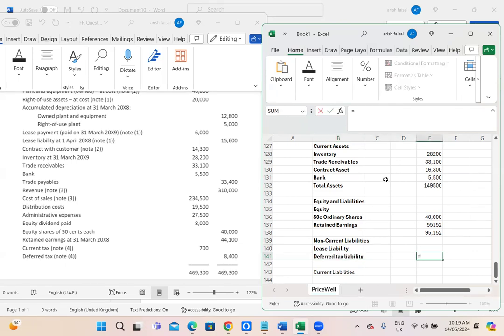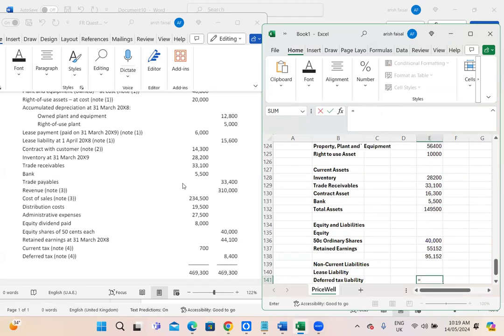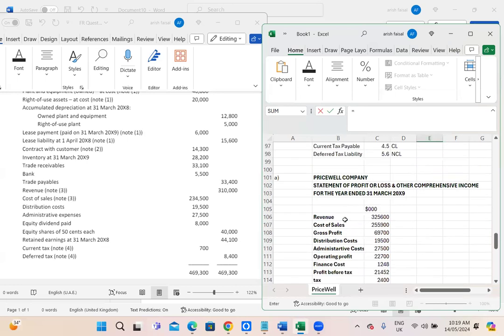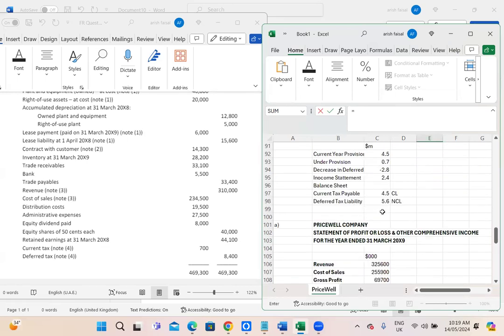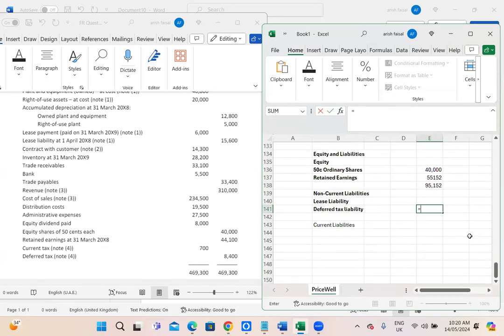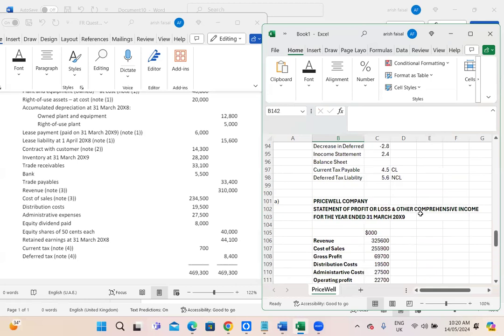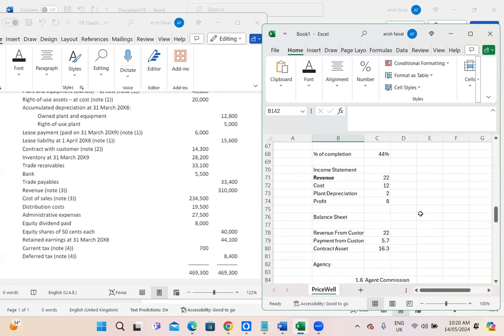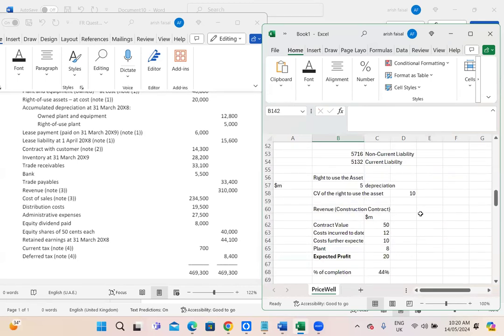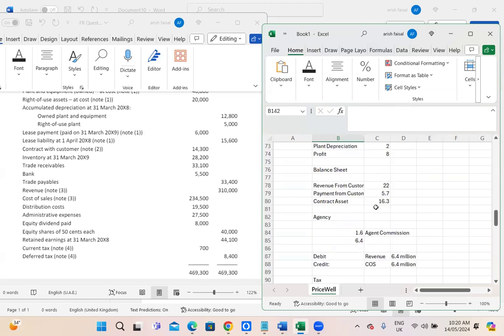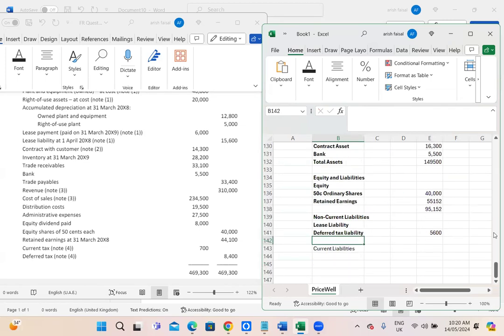The deferred tax liability, we already know that it went from 8.4 million to 5.6 million, I believe. So we just bring it over here, which is 5,600. The lease liability, we have also segregated between current and non-current. The non-current part was 5,716. I need to bring that.